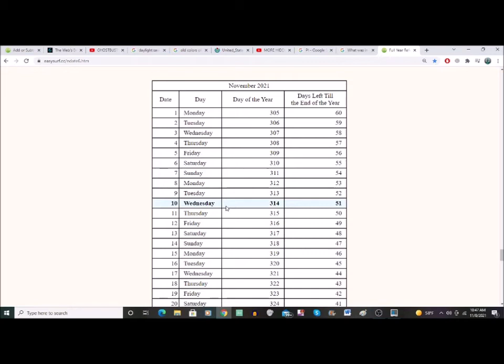Because if we look at where 1110 is, so November the 10th, that happens to correspond with pi again, because it's the 314th day of the year. Super interesting. And so the 8/11, well, do we need a reference to make sure this is the right 8/11 that we're looking at here?